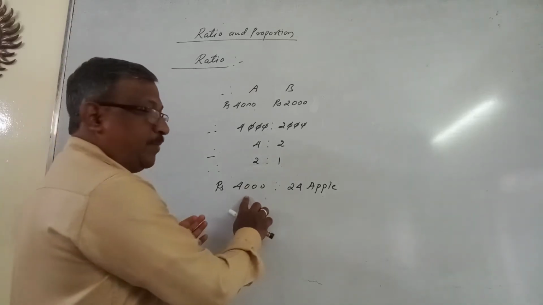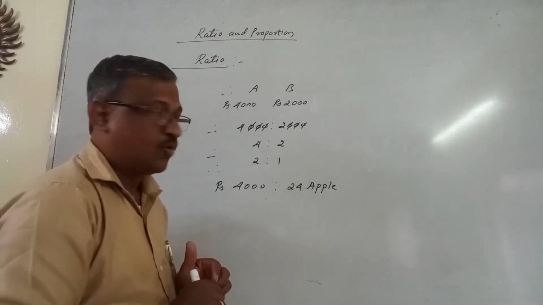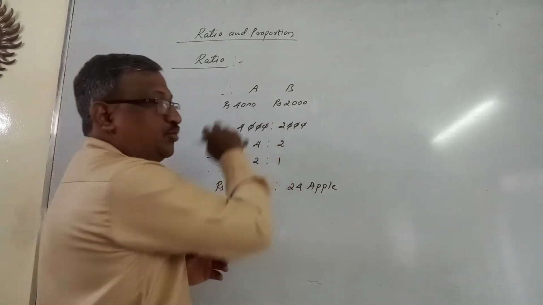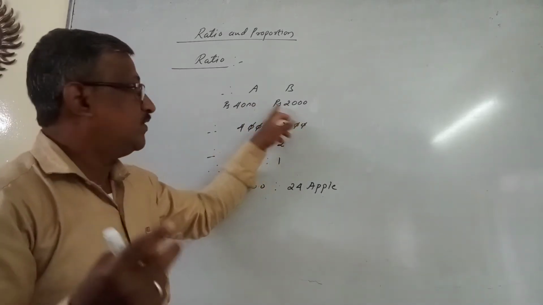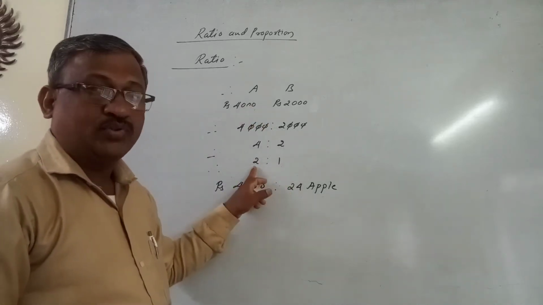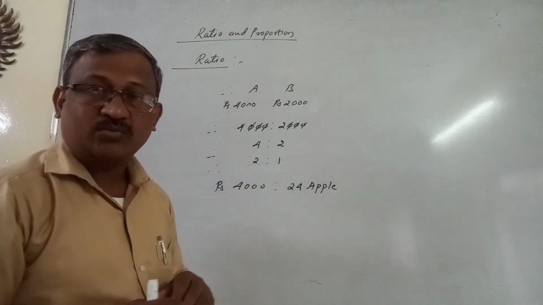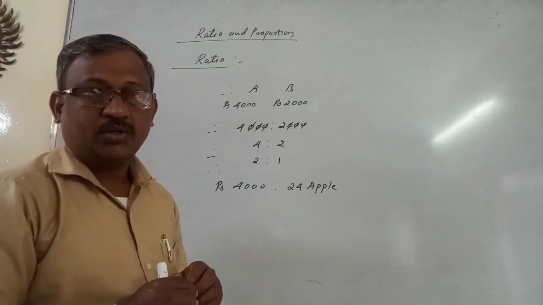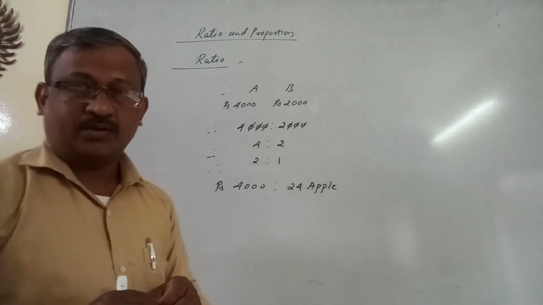So we cannot compare 4,000 with 24 apples; it goes wrong. The ratio says: the relation between two quantities of the same kind, expressed as the number of times one quantity is greater or less than the other, is known as ratio. I hope it is clear to you all what is meant by ratio.